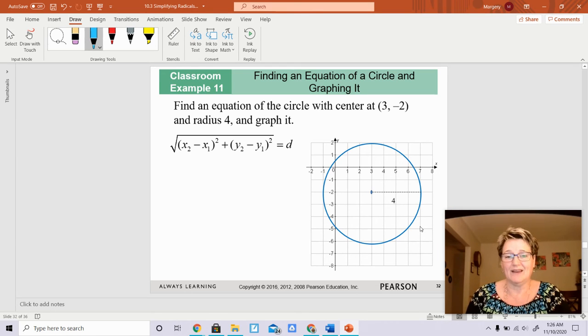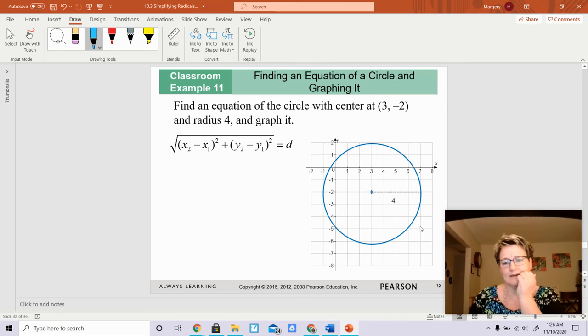It doesn't say find the area. It's just find an equation of a circle with center, that, and radius 4, and graph it. Okay, let's try it. I'm assuming they're just wanting us to figure it out, but okay, I'm going to go with it.